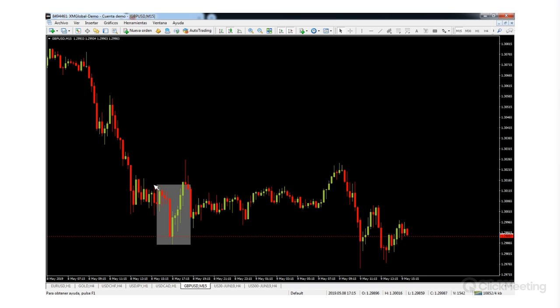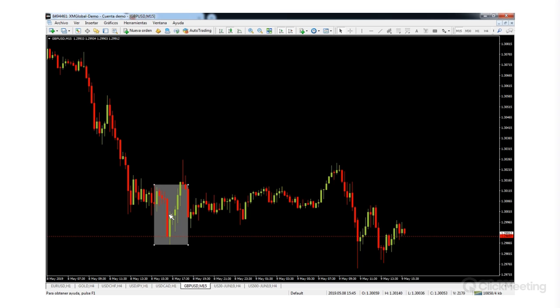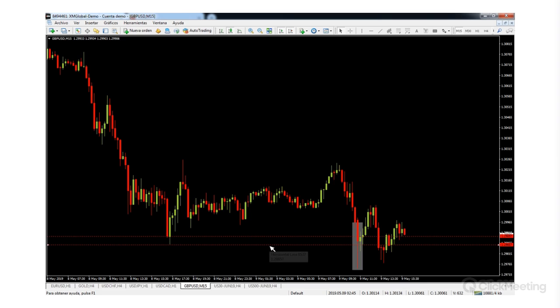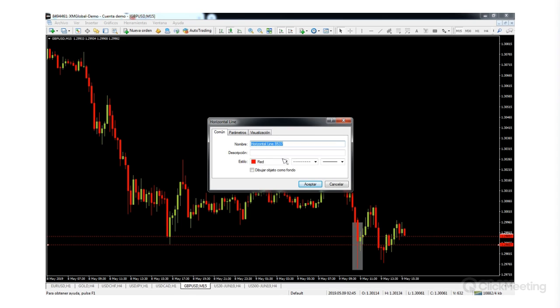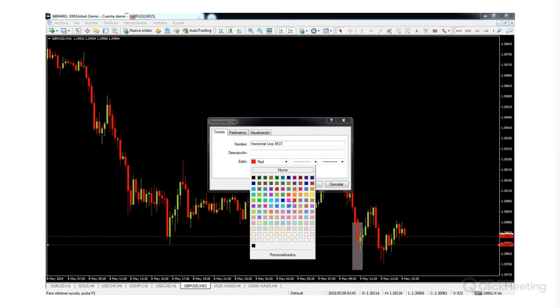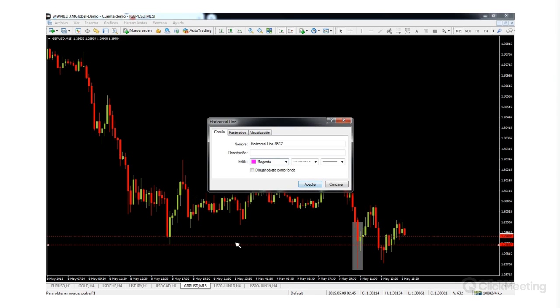The reason I think that this was a stop hunt is because if you look closely, you can see that we moved below, and I'm going to put on a horizontal line. I'm just going to change the color. I'm going to use magenta, because that's my color.